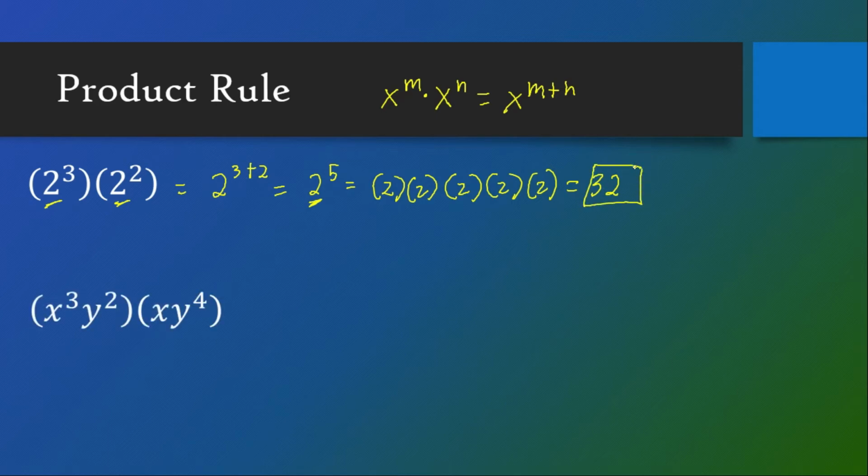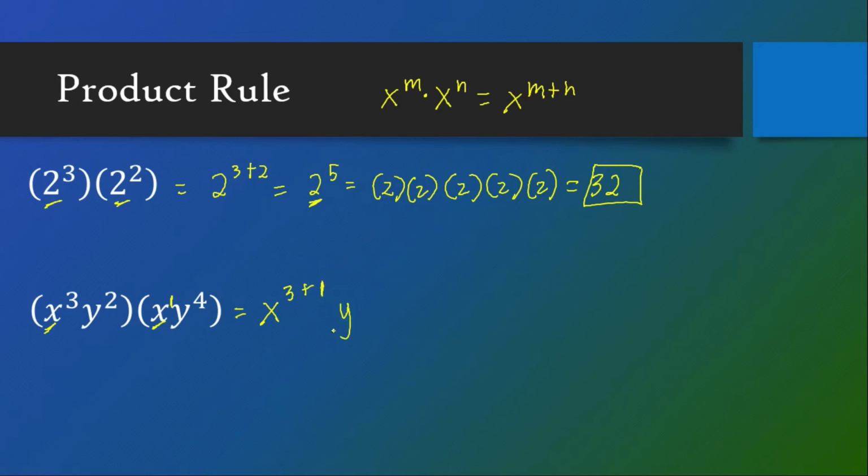Okay, another one. We have x cubed y squared times x y raised to 4. Unahin natin yung base na x kasi parehong x yan, di ba? So, copy the base. Tapos, yung exponent niya na 3 plus, kasi product rule tayo dito, no? Tapos, di ba class, dito x, meron niyang x raised to 1. Kaya magpa-plus 1 ka dyan.